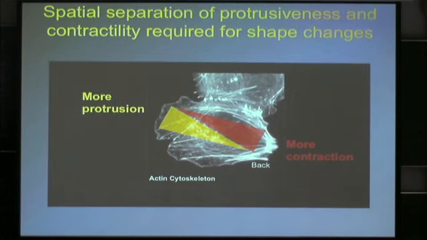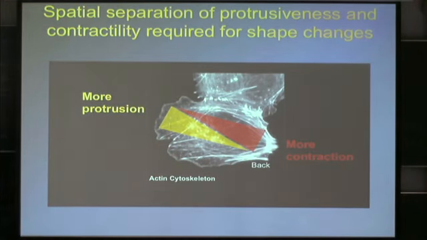This is what we see in many cell types: we have gradients of protrusiveness versus contractility, and they go along quite well, but they somehow exclude each other. So in the front we have some contraction, but much more protrusion, whereas in the back we still have actin polymerization happening, but much more contractile stress fiber organization.